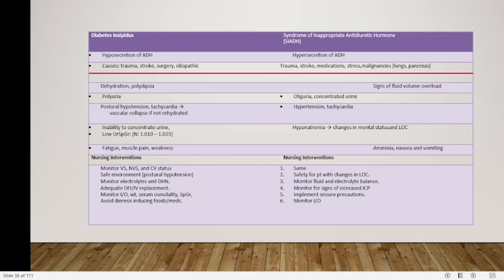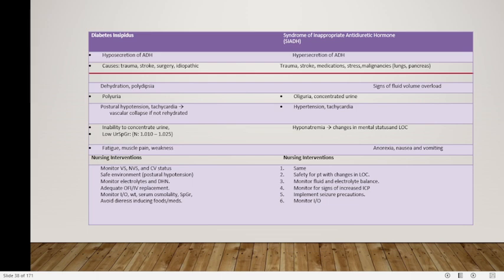So when you look at the pituitary gland, it leads us to discuss two of the most common conditions associated with the pituitary gland.